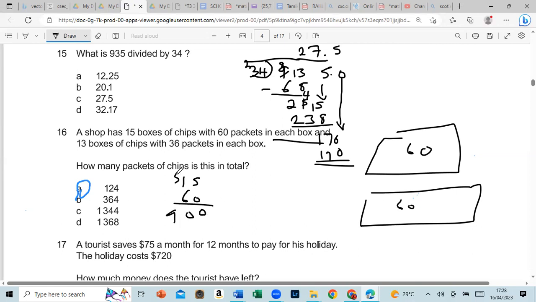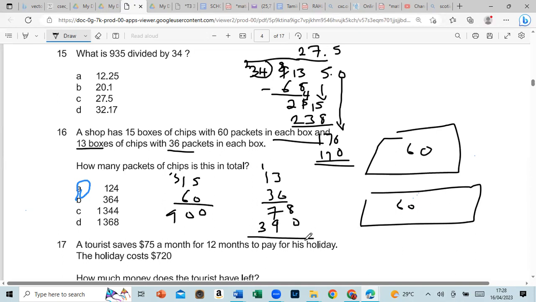So for the first one, you get 900. And then it says you have 13 boxes, but this time it holds 36 in each box. So we'd have to multiply again and then add. 6 times 3 is 18, 8 carry 1, 6 times 1 is 6, and that's 7. Put a 0 to hold the space. 3 times 3 is 9, 3 times 1 is 3.